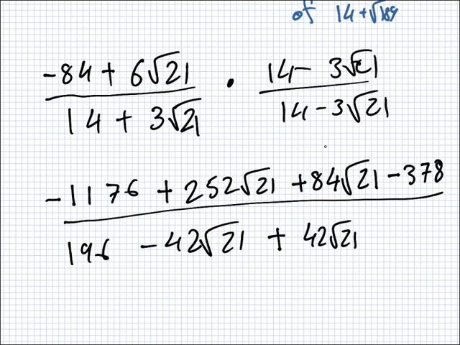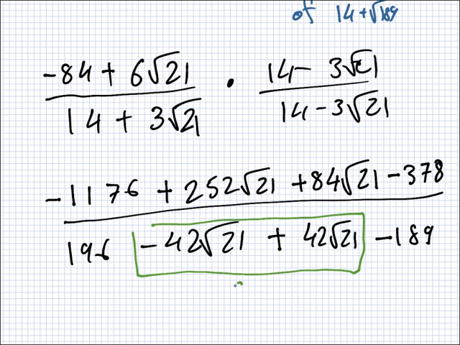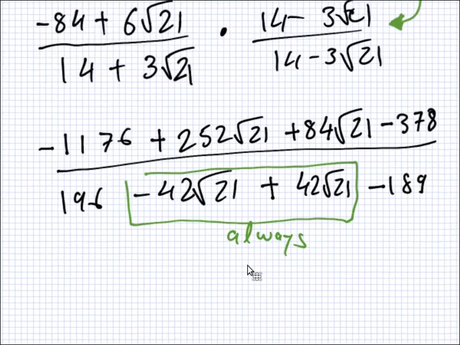And then what's the last piece? 9 times 21, 189 with a minus. Now, this did not happen by accident. These two pieces here, they'll cancel. And they'll always cancel, because of this trick you did at the start. So now the square root is gone from the denominator.